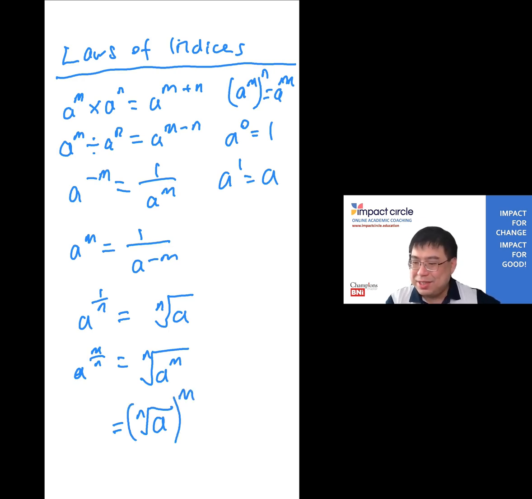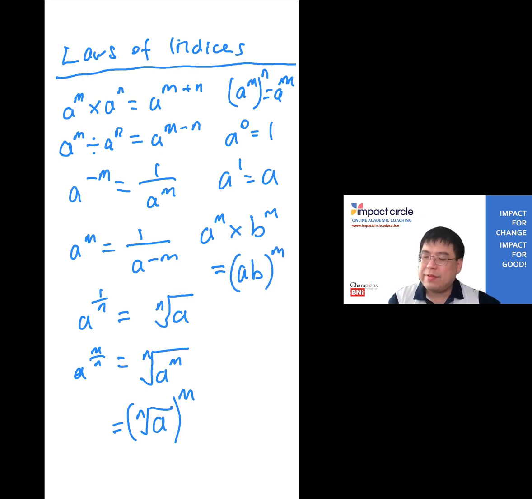And the last two will be a^m times b^m equals (ab)^m. And finally, we have a^m divided by b^m equals (a over b) to the power of m.